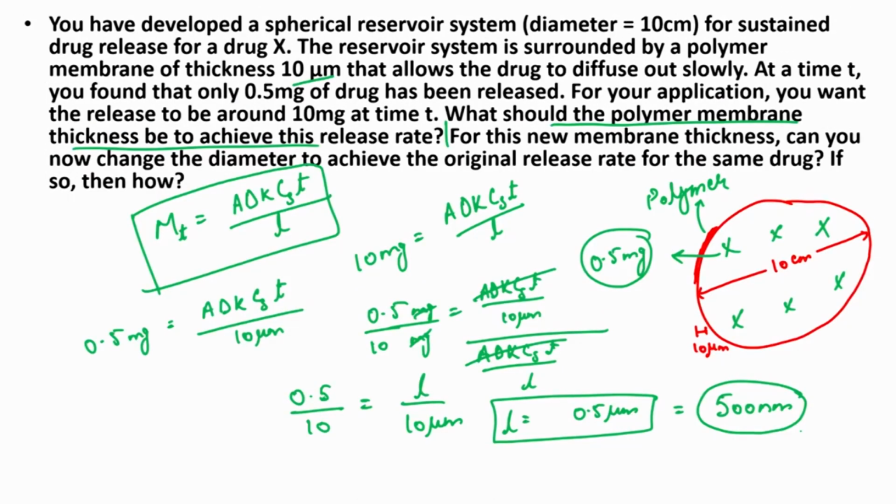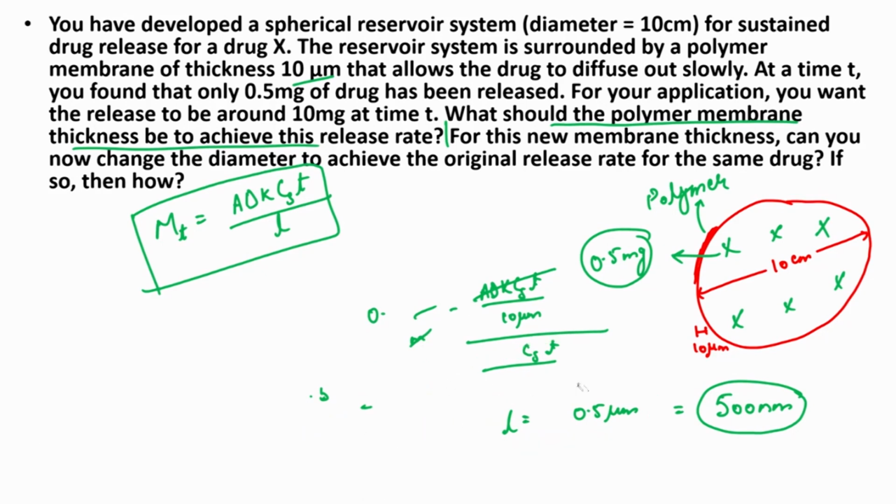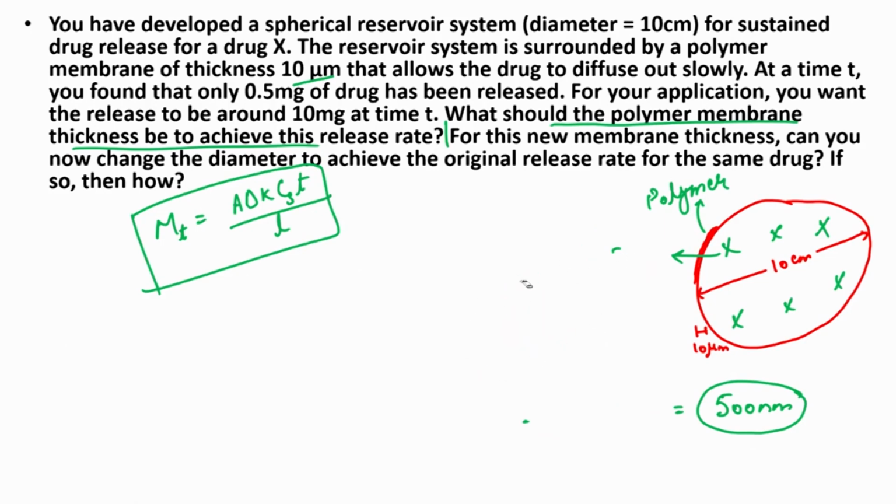So, let us remove this. So, now the values that are given to us is this, that 10 milligram, which is the released amount, is, let us say now, because we are changing the diameter, the area will change.